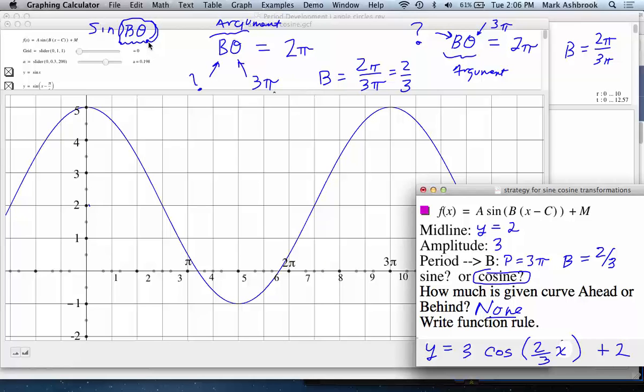But we know for the input in this particular function, that's 3 pi. So when 3 pi is put into this function, we need this argument to be 2 pi so that we get 1 cycle, and we're asking what value of B will do that. So B times 3 pi has to equal 2 pi. Is it better? Yeah. Okay.